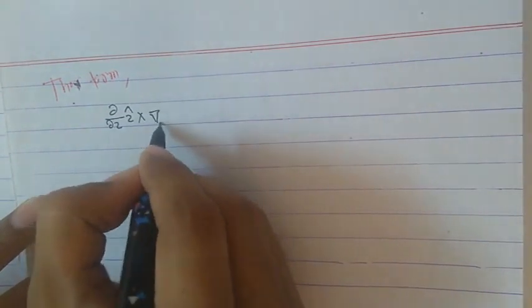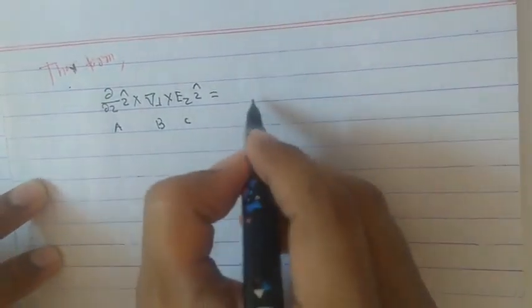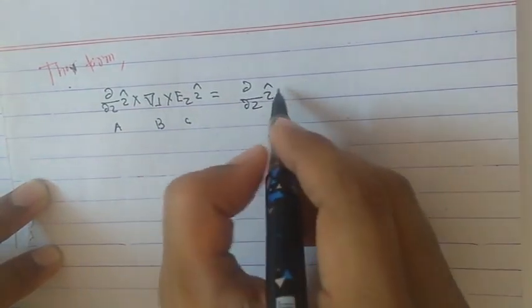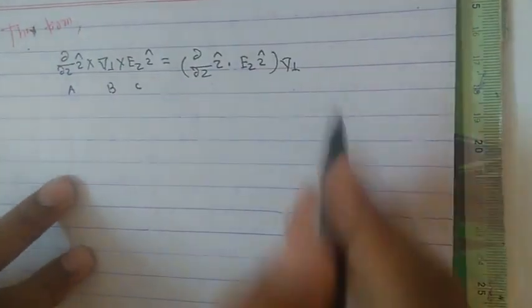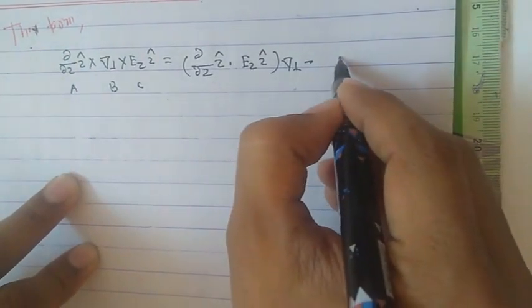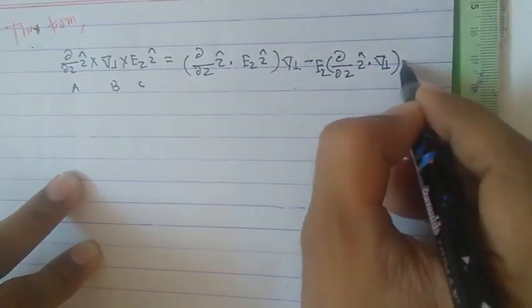The term del by del z z cross del transverse cross Ez z is equal to, this will be A, this will be B, and this will be C. So it is del by del z z dot Ez z, A dot C into B del transverse, minus del by del z z dot del transverse Ez z.